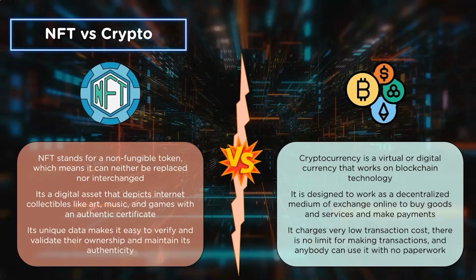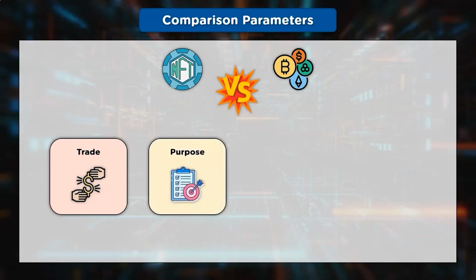Now that we know the basic concept of both NFT and cryptocurrency and understood their underlying technology, let's move ahead and look into the comparison parameters for NFT versus crypto. First is trading, the process of their trading in the crypto market. Second is purpose.